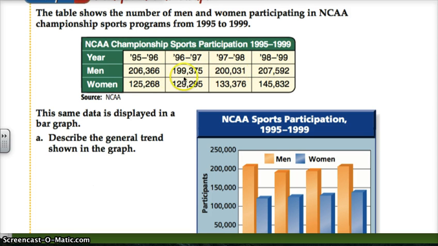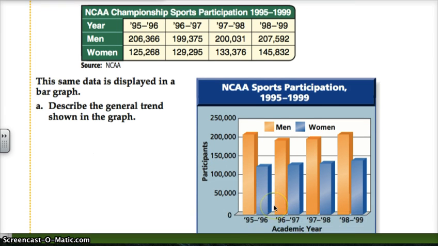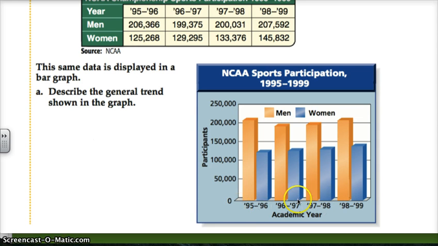In this particular bar graph, we will have two different colored bars representing men and women during different years. So the category down here is years. The quantities will be the participants, broken down into 2 bars for men and women.